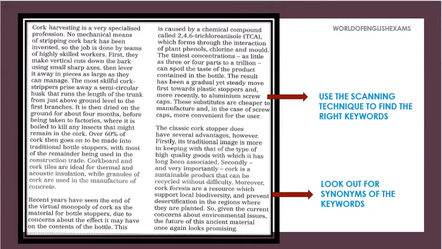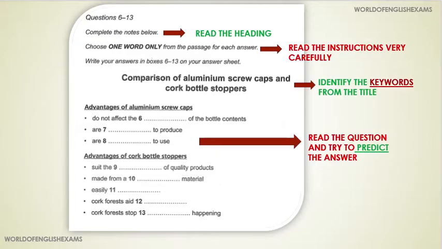Firstly, its traditional image is more in keeping with that of high quality goods. High quality goods are nothing but quality products. So, what is suitable? The image is suitable for the high quality products. That leads us to the answer for question number 9, which is image. Suit the image. Please write it in the singular form as image.